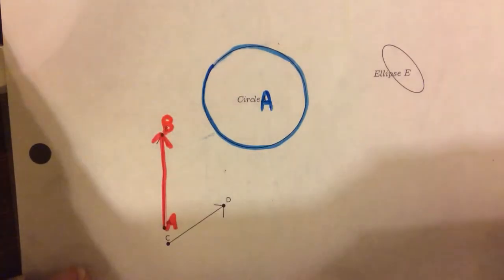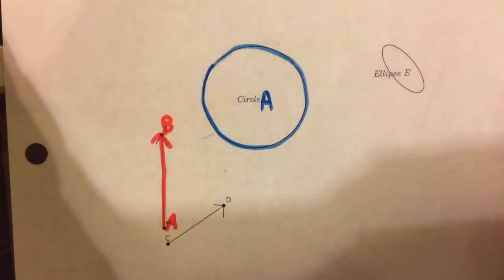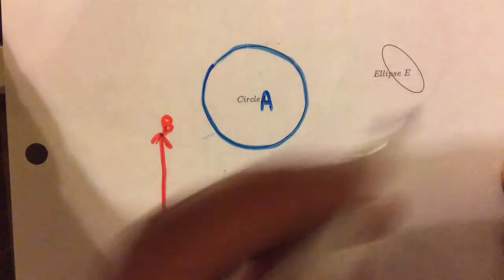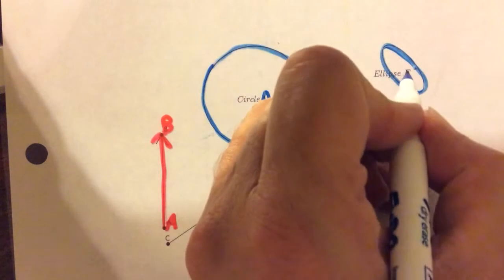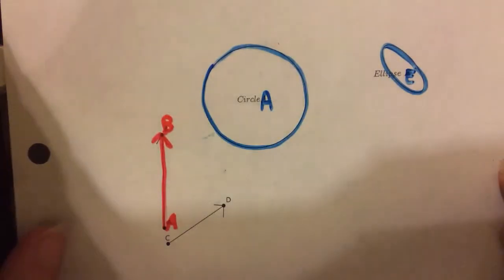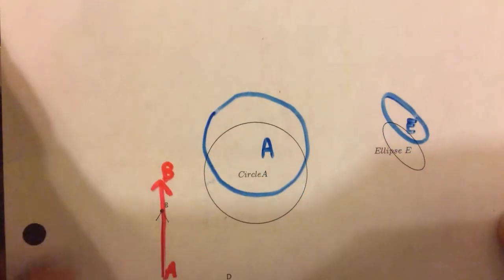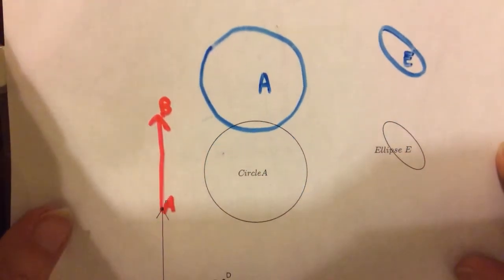Label it A. And ellipse E. So I'm going to go ahead and trace out ellipse E. And we'll go ahead and translate those. I'm going to move my paper down as I move my vector up.